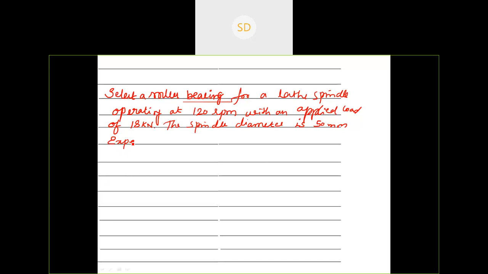Radial load is 18 kilonewton. Spindle diameter is 50 mm. Life in hours is 10,000 hours.